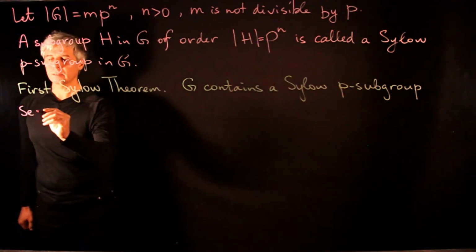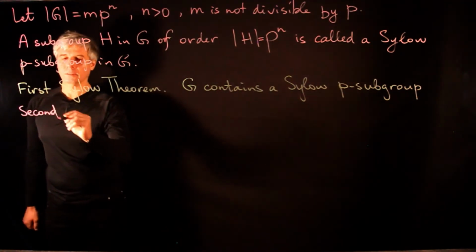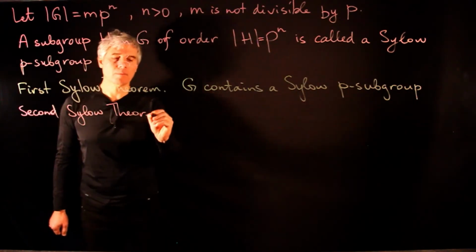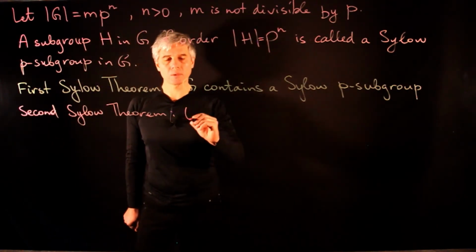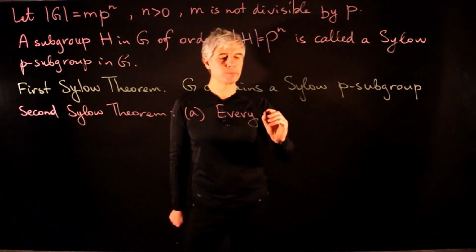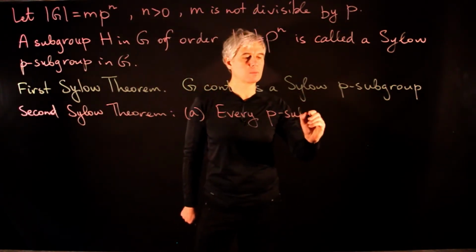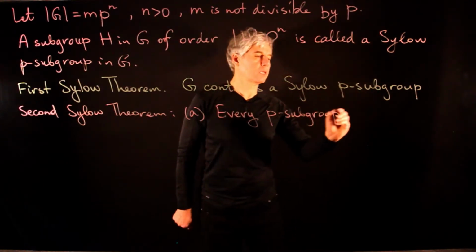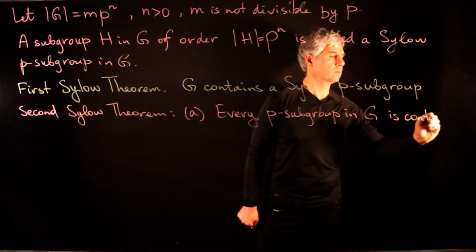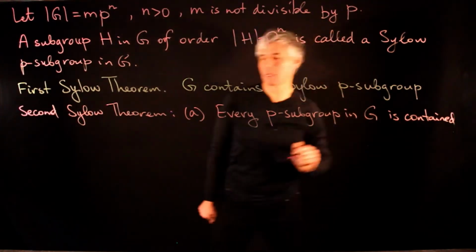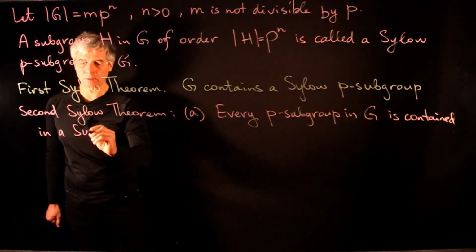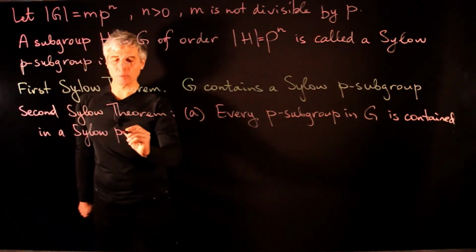The second Sylow's theorem has 2 parts. So A, every p-subgroup in G is contained in a Sylow p-subgroup.